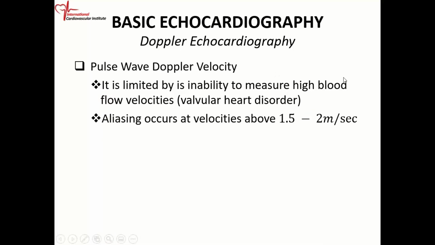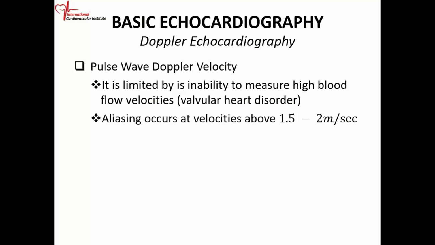Okay? Now, as I've said before, there's some limitation with your pulse wave Doppler analysis. It is limited by the inability to measure high blood flow velocity. So if the blood flow velocity is above 1.5 to 2 meters per second, you can't use pulse wave Doppler. If you use it, something is going to occur. Say, for instance, you're measuring mitral regurgitation, and mitral regurgitation usually has a velocity of 5 meters per second.